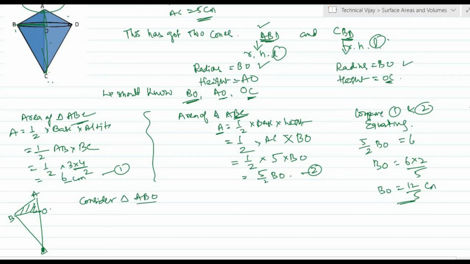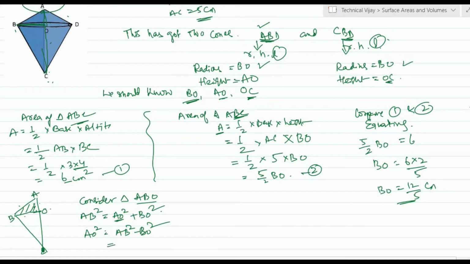In this triangle we have AO, BO and AB, where AB is the hypotenuse. So from Pythagoras, AB square is equal to AO square plus BO square. We know BO and AB, so we can calculate AO. AO square is equal to AB square minus BO square.